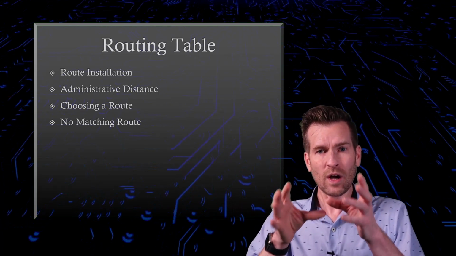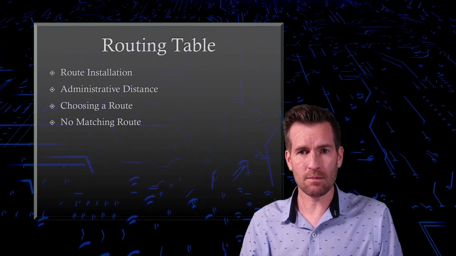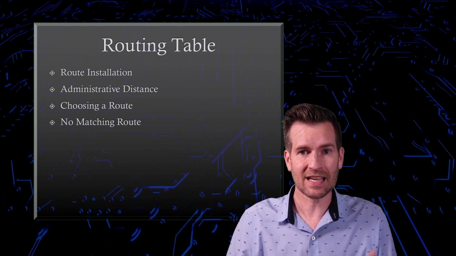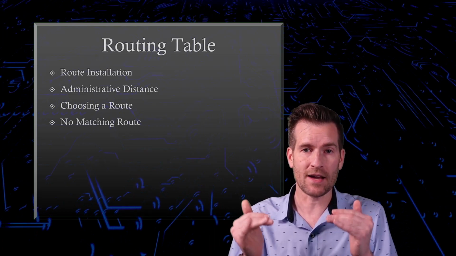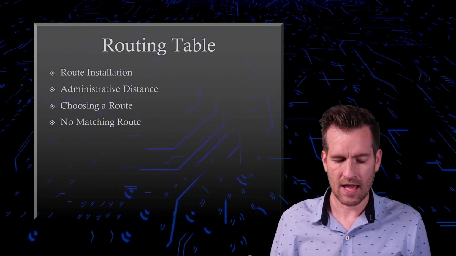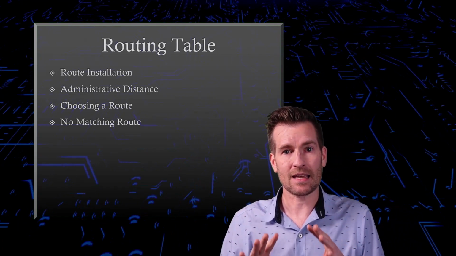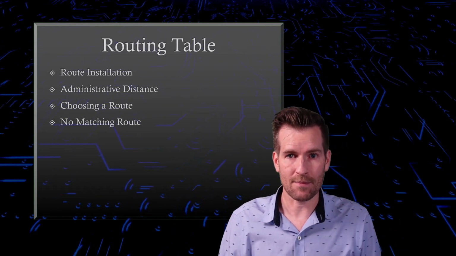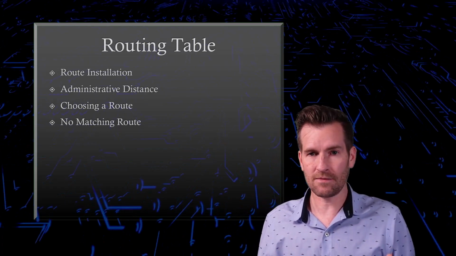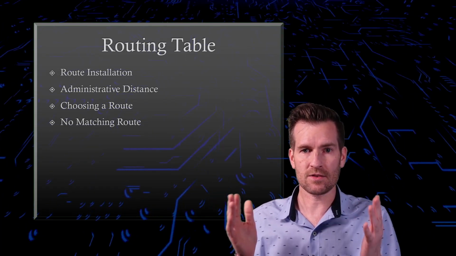And then once it puts that into the routing table, there still could be multiple matches. That's where it can use the longest match to match up the best route. And then finally, we ended up talking about what if there were no matches, then we would have to just drop that packet. If there was no default route and there were no other matches, then we would drop it.